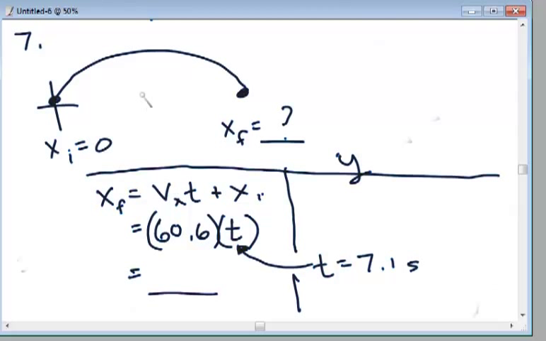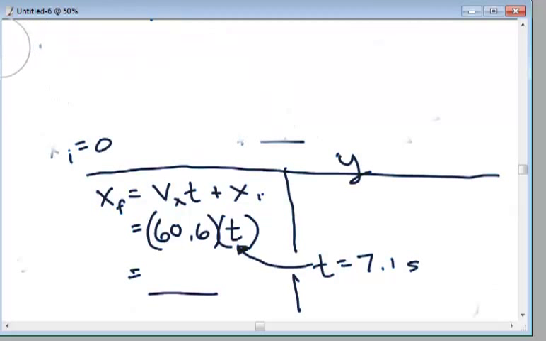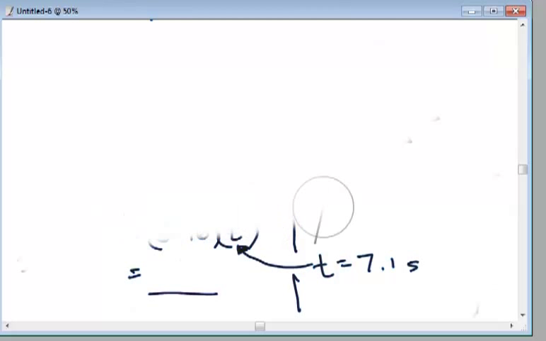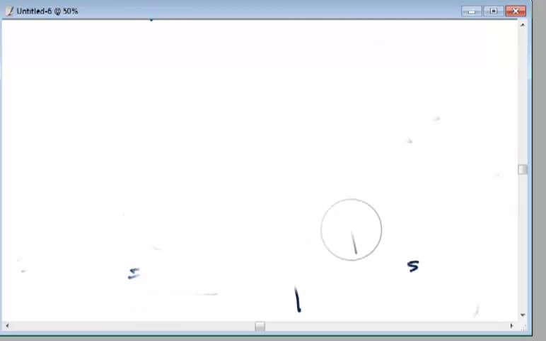Okay, let's take a look at the next question. This is number 8. In question number 8, we're being asked to add some vectors together. This goes back a little ways, but you remember you want to add vectors tip to tail. So let's do that. Question number 8.